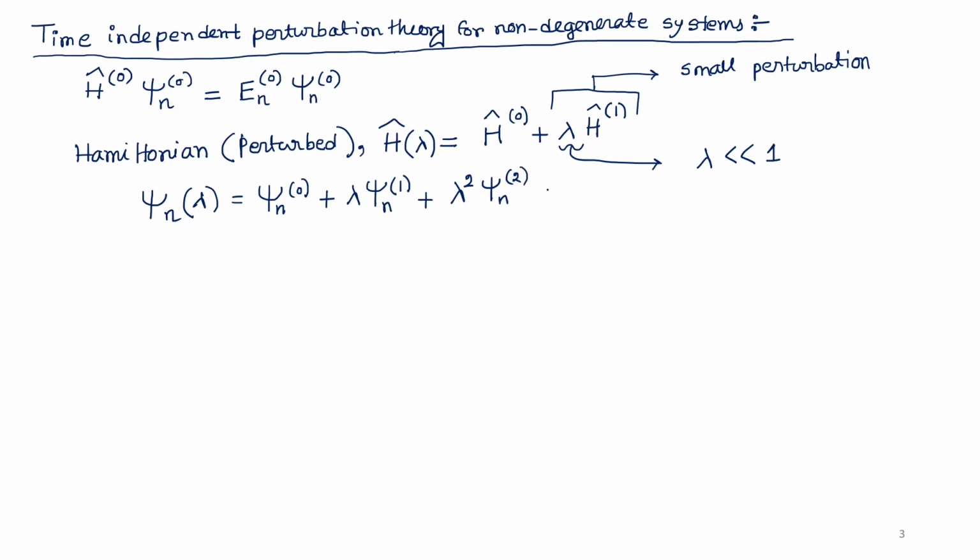After this lambda cubed will come, but we will not be bothered with those parts. So this is a power series in lambda. And what does it mean? This is your unperturbed wave function, and this part is your first order correction.